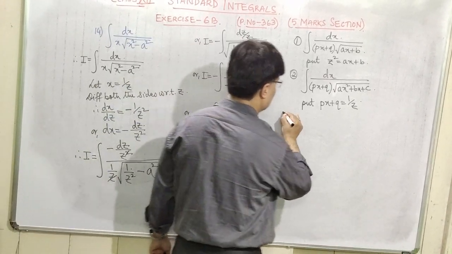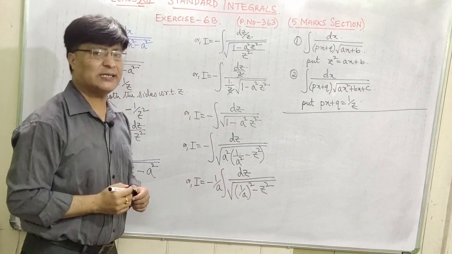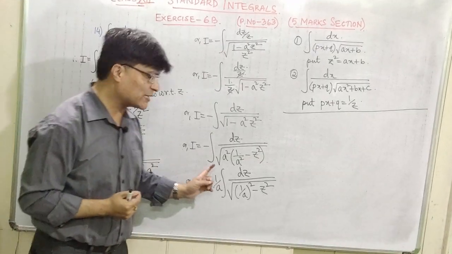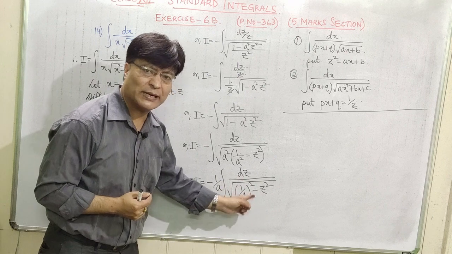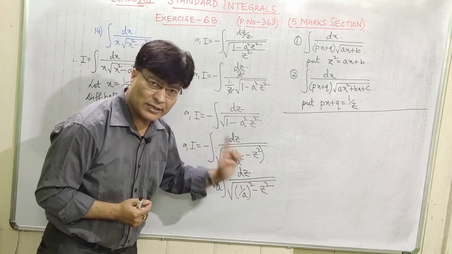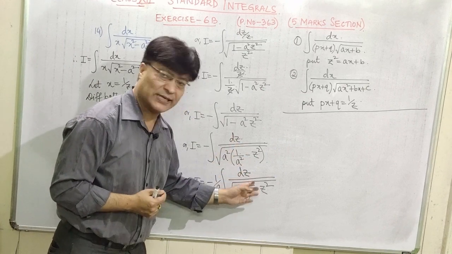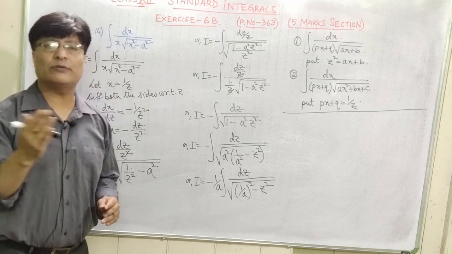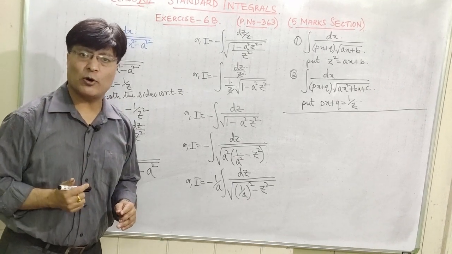Now let's use the formula. Now you know that this is the sixth standard form. What is the sixth standard form here in this case? Integration of dx divided by root over a squared minus x squared. Instead of a there is 1 upon a. Instead of x there is z. So what is integration of dx divided by root over a squared minus x squared? That is sine inverse x upon a.